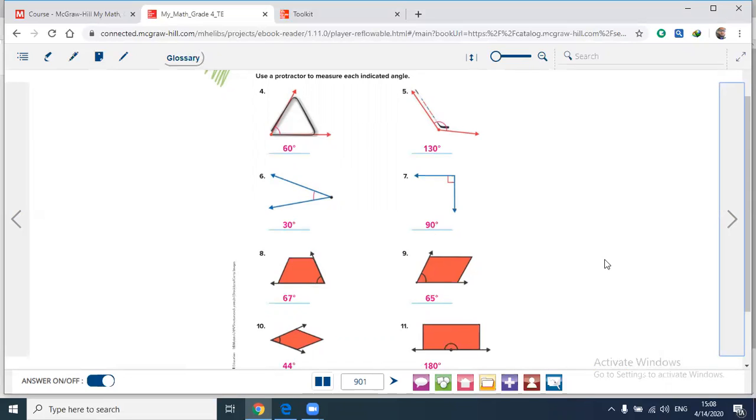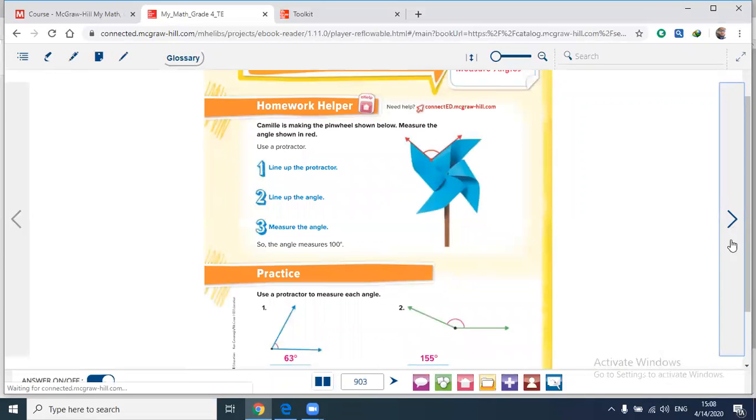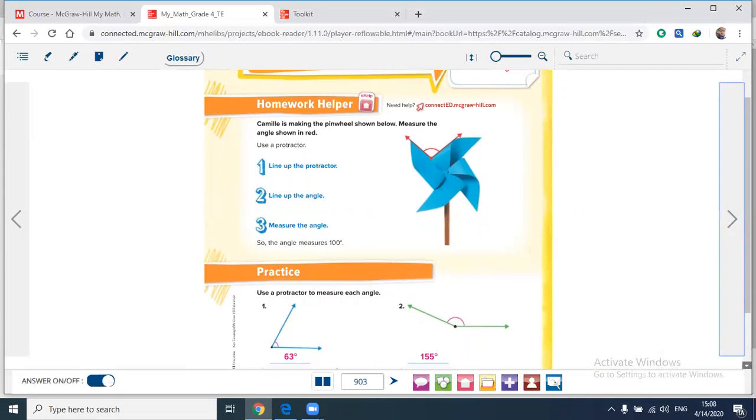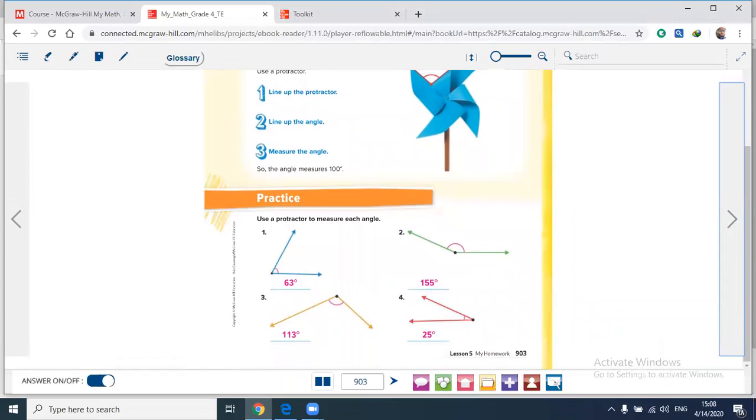Also on page 903, homework page from 1 to 4. You have the answers already here. You can stop the video and write it. Then check by using your protractor to see if you are right or not.